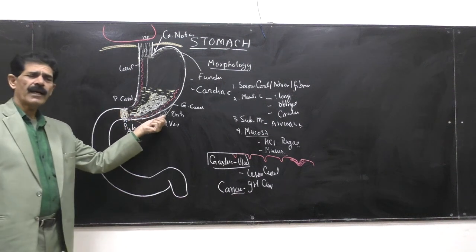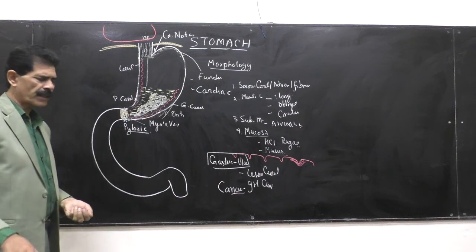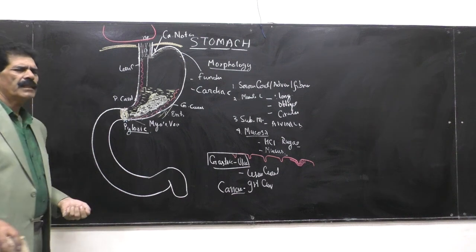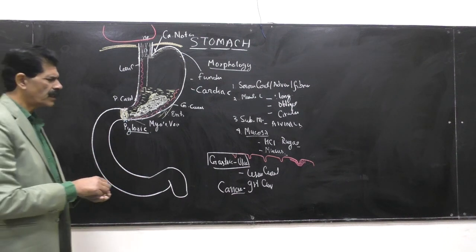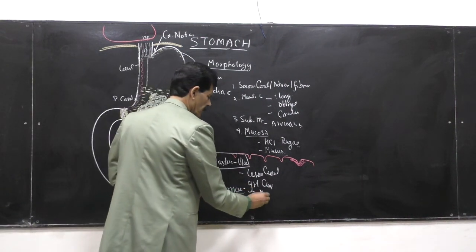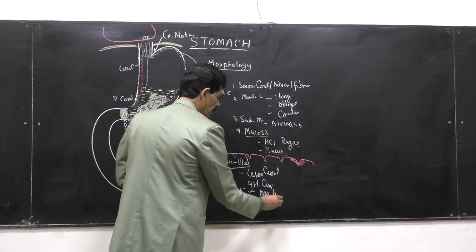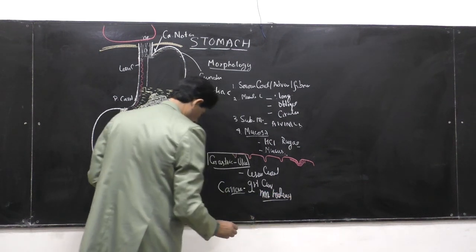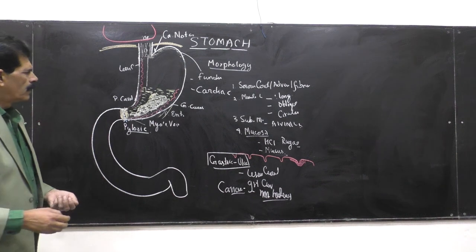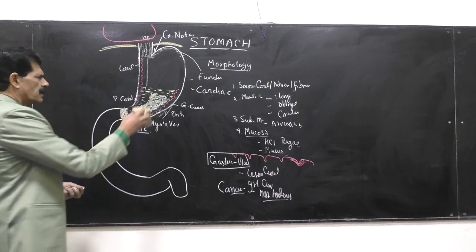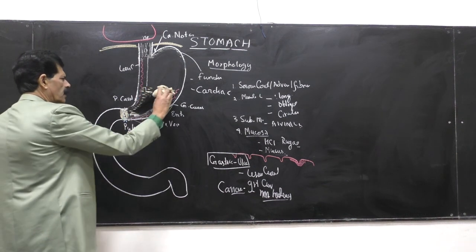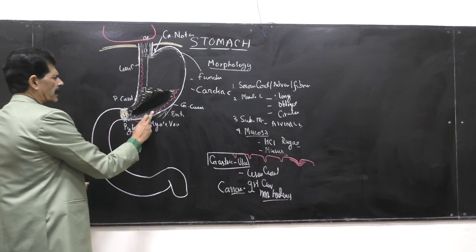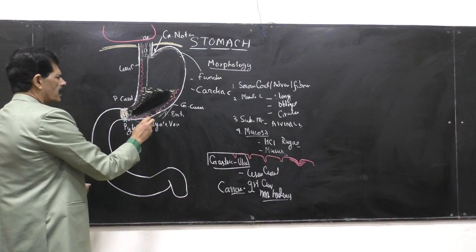Then the question arises, why is cancer common near the greater curvature? And what is cancer? It is a non-healing ulcer. A non-healing ulcer is called cancer. And this cancer is caused by any ulcer formed on the greater curvature mucosa.